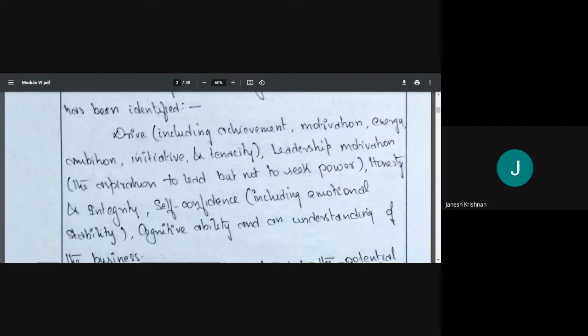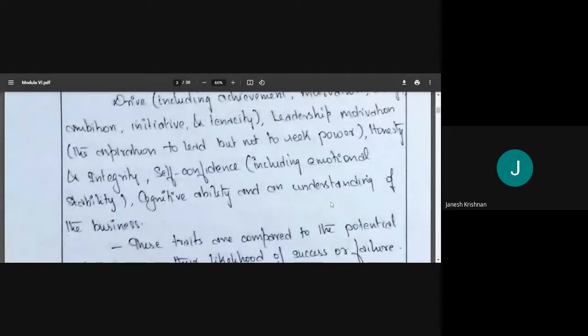Then cognitive ability, and understanding of the business. These are the major traits to be looked into in a potential leader. Whenever you are selecting a potential leader, you should check whether this person satisfies the list of these traits.